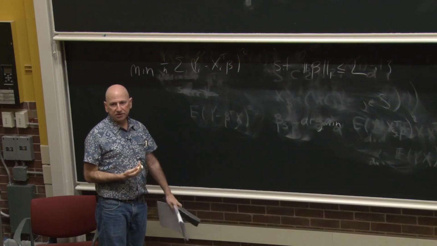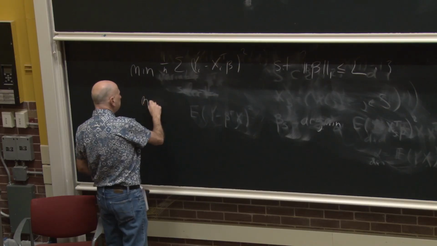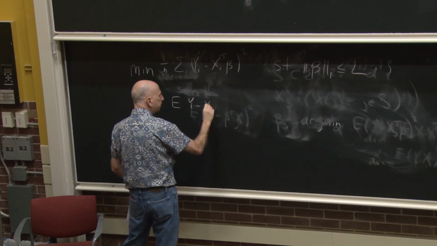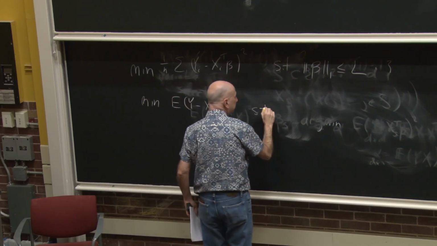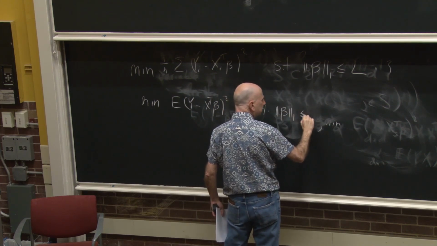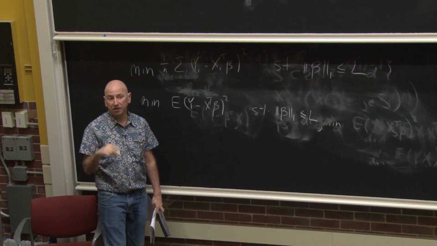Well, what would the population version be? What would be the best you can do? It would be to minimize the prediction error, the true prediction error, subject to that constraint. We'll call that the best sparse linear predictor.